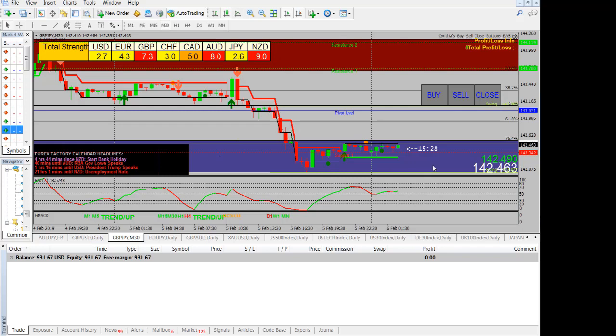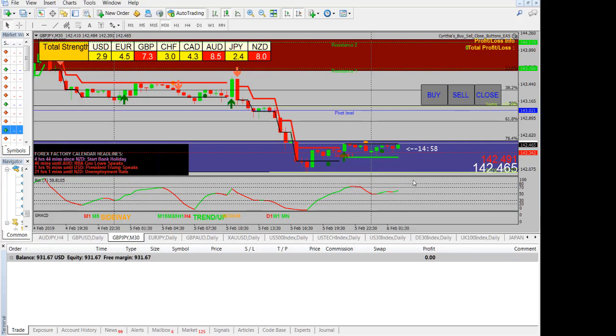This blue band and this red band are my Fibonacci heat map. These are oversold and overbought zones. So the red is overbought and the blue is oversold, and you can see that the pound yen has been going down, down, down for most of the day, and now the pound is strengthening, so we have a green candle, and the yen is very weak.